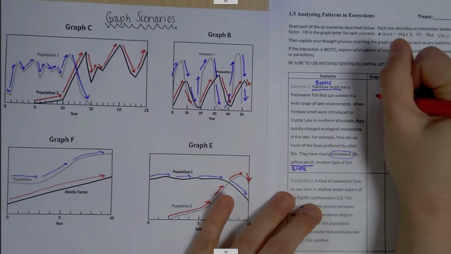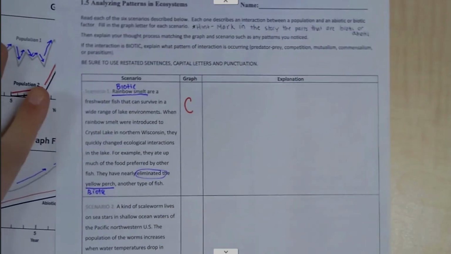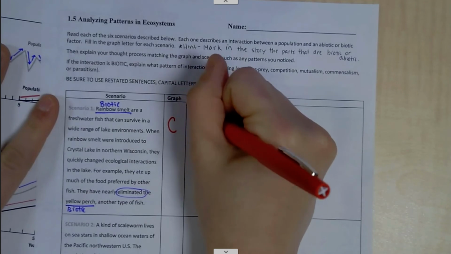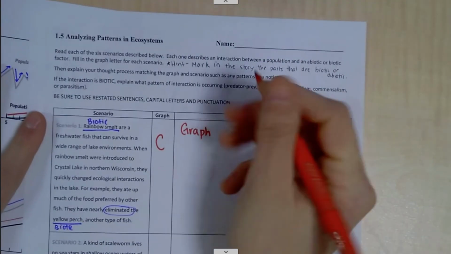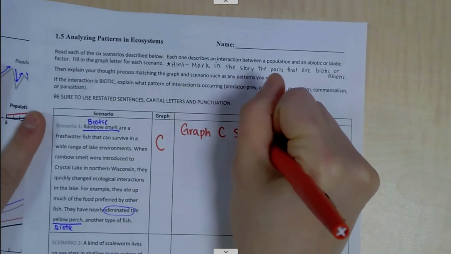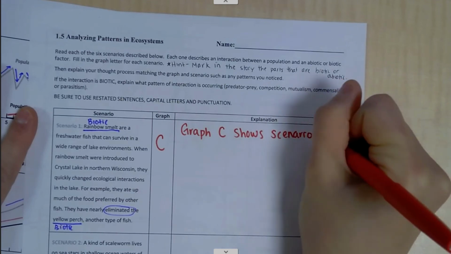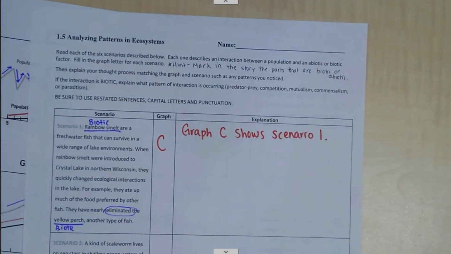So I'm going to write letter C, and then if I'm writing this, I could say graph C shows scenario 1, and then it says that I have to explain it.